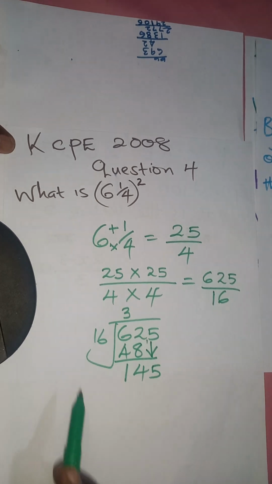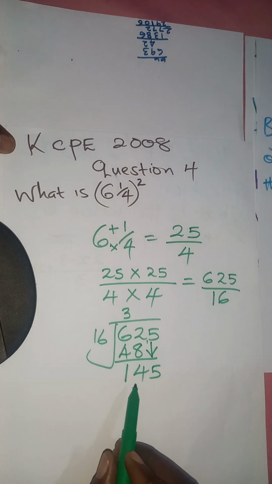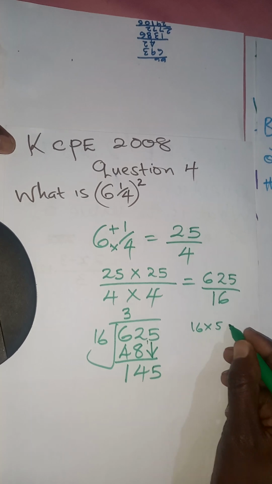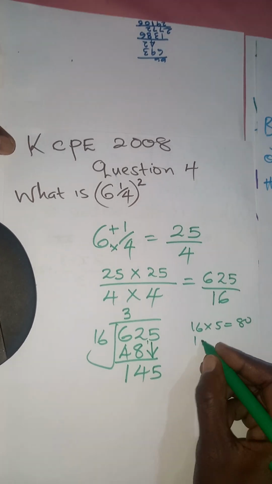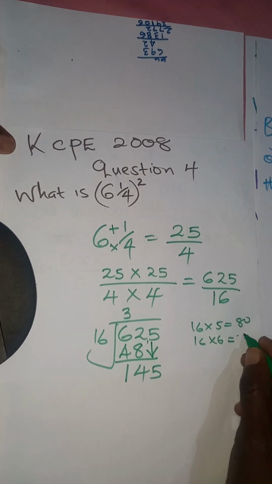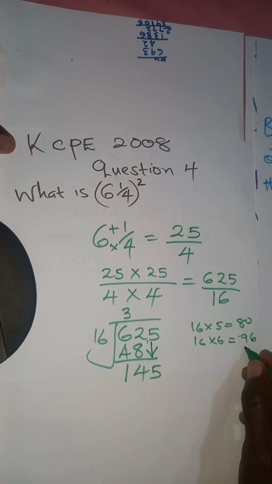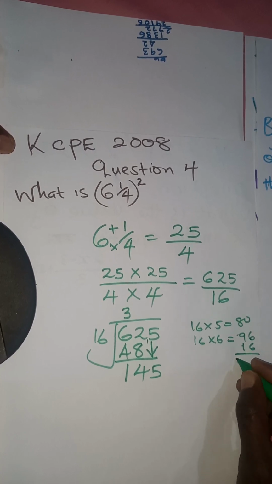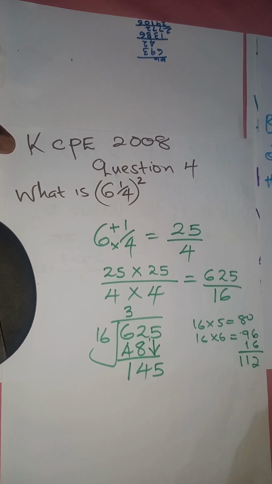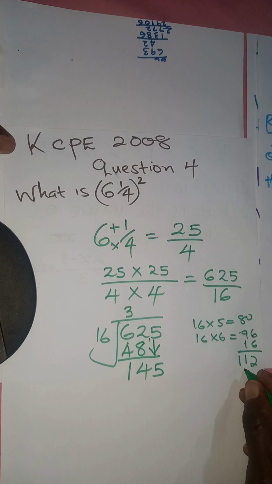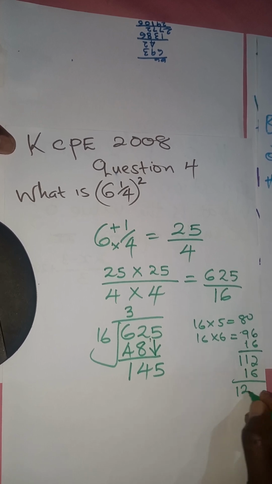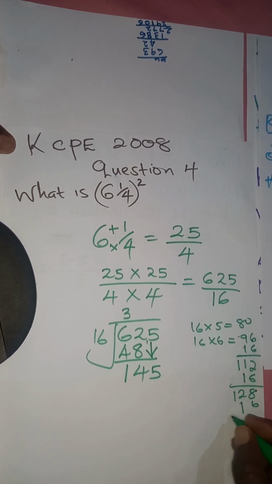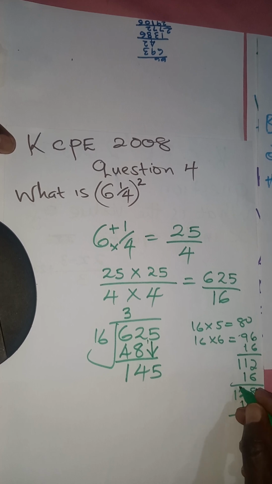Which is the smallest number that we can multiply with 16 to get an answer close to 145? You know very well that 16 times 5 is 80. 16 times 6 becomes 96. So we can continue adding 16 here. We add 16 here to become 112. We can add another 16, we get 128. We add another 16 to see whether we get 144.